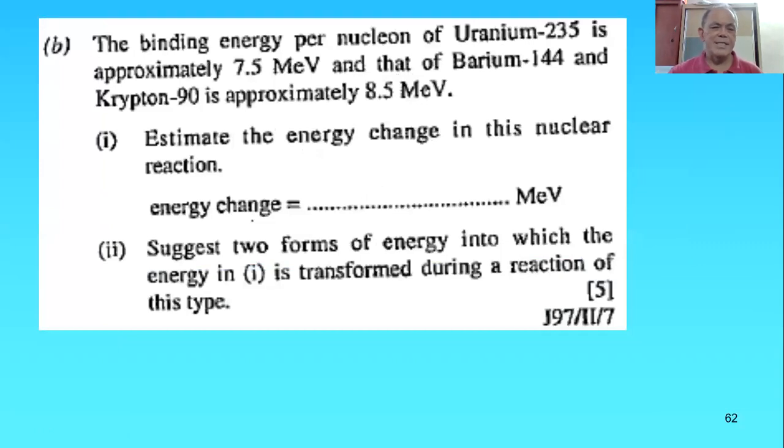Okay, we are just repeating the common thing that comes out in binding energy. Binding energy per nucleon of uranium is 7.5. Barium, that estimates the energy change in the nuclear reaction. Right? Remember, binding energy per nucleon.